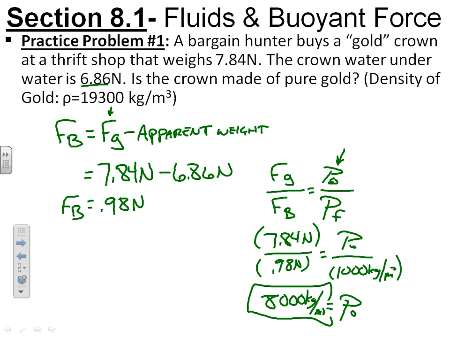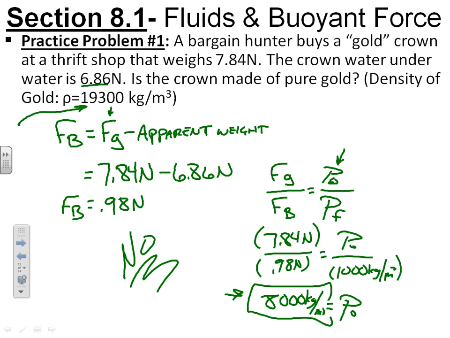So now the question is, is the crown made of pure gold? Well, the density here is 8,000. The density of gold is 19,000. So no, there's no way that crown is made of gold because the densities are way different.